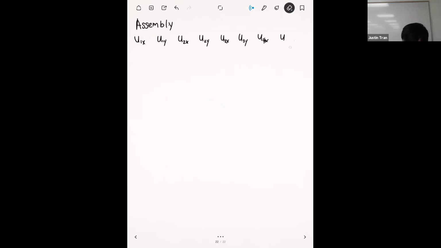All right. So next we're going to do assembly. And so we'll see if I can fit everything here. And so those are all our columns. And so we have U1x all the way to U4y.